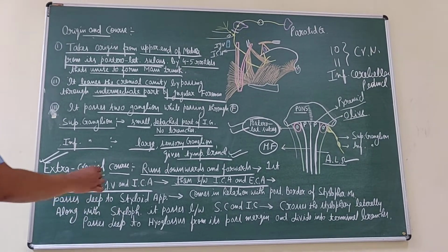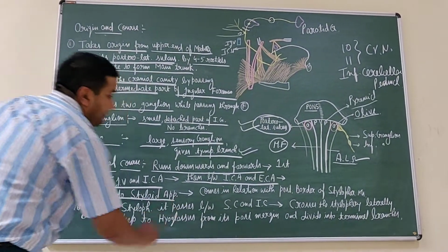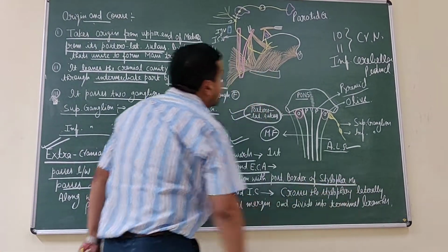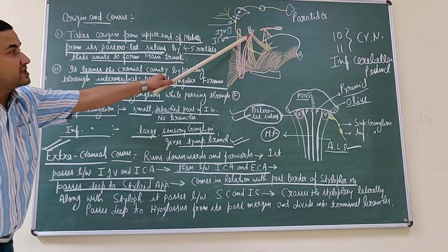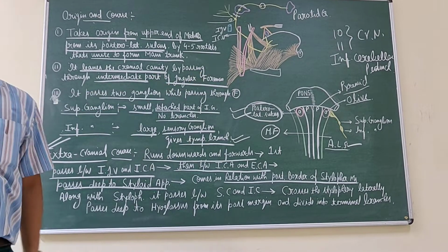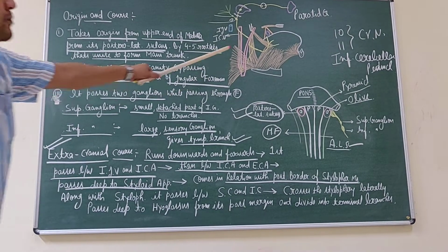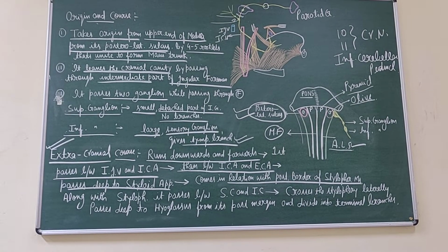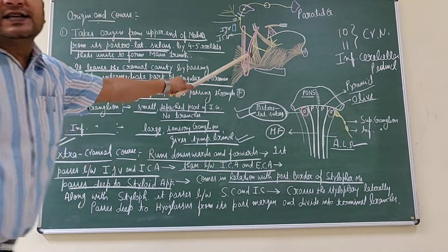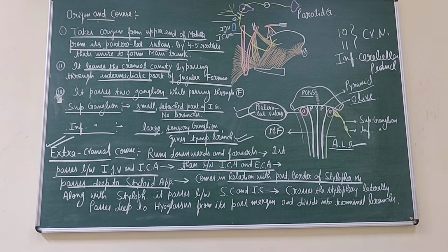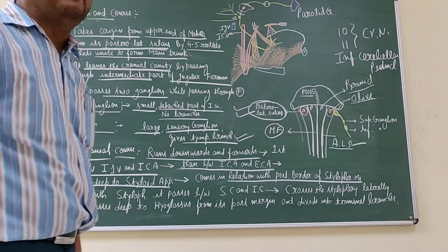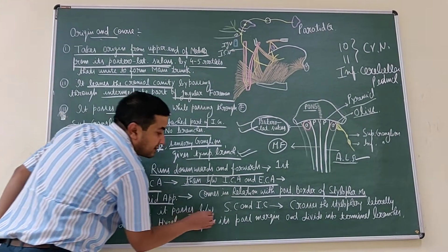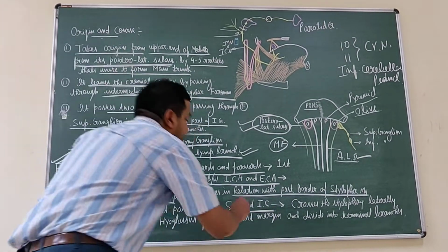Now this nerve, after passing deep to the styloid apparatus, comes in relation with the posterior border of the stylopharyngeus muscle. This is the stylopharyngeus muscle, and this is the posterior border. Along with this stylopharyngeus muscle, this nerve passes through the gap between the superior constrictor and the middle constrictor.